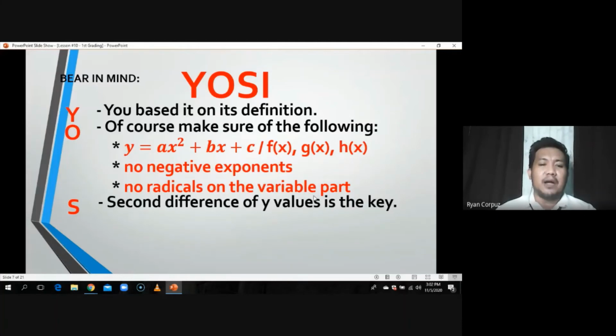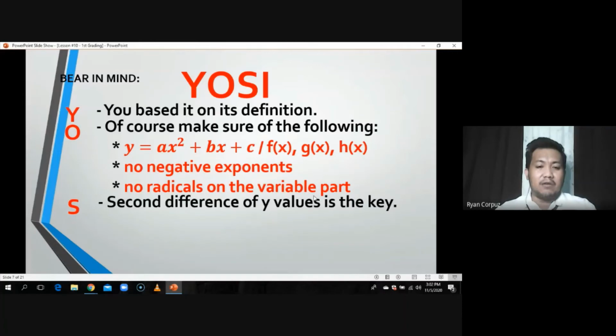So, to identify through the given table of values whether it shows a quadratic function or not, we are going to get the second difference of y values. Because according to this, the second difference is the key for us to find out if the given table of values is showing a quadratic function or not.